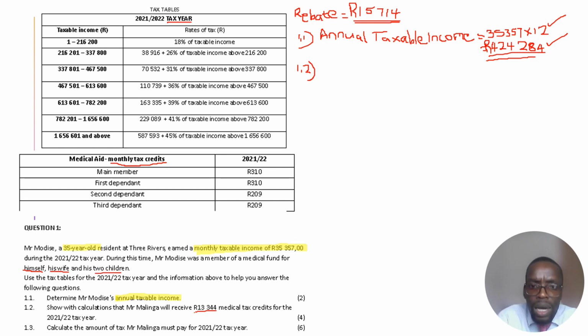So on 1.2, we are going to work out the total credits.